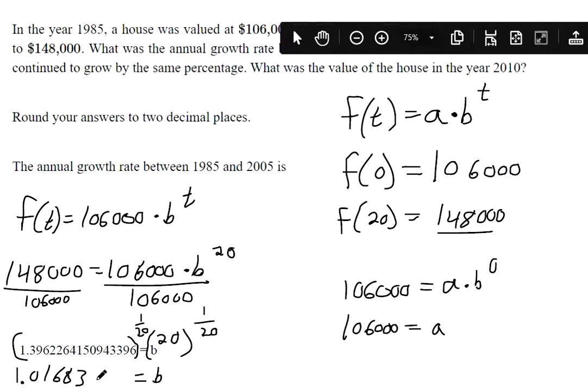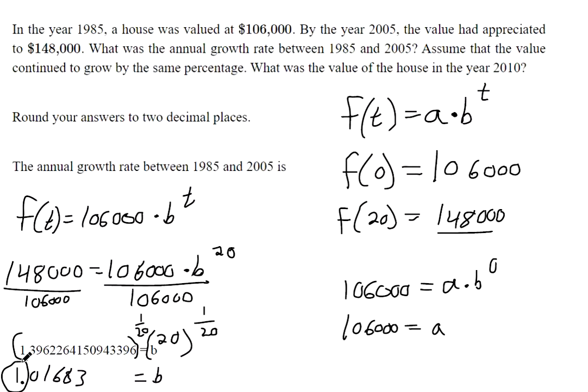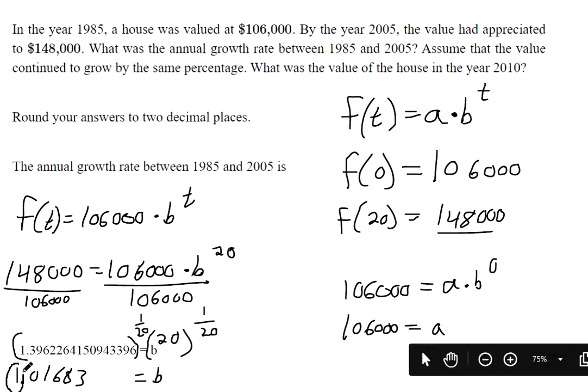What this number says is, you keep your same amount, one whole amount. If that was a 2 there, then we'd double every year. But this says you retain 100% of the value of the house plus this decimal form of a percentage. So our answer isn't this whole thing.